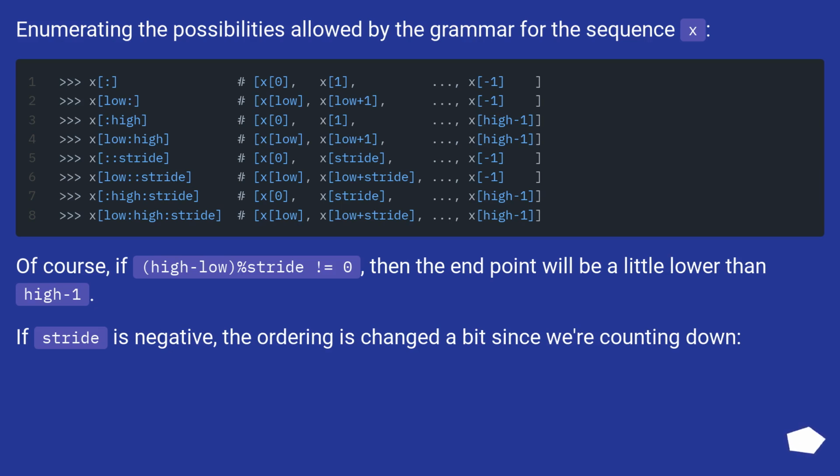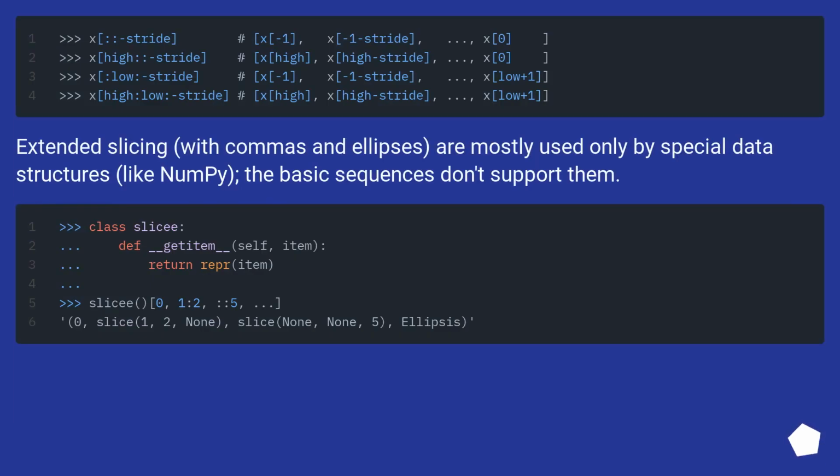If stride is negative, the ordering is changed a bit since we're counting down. Extended slicing, with commas and ellipses, are mostly used only by special data structures, like NumPy. The basic sequences don't support them.